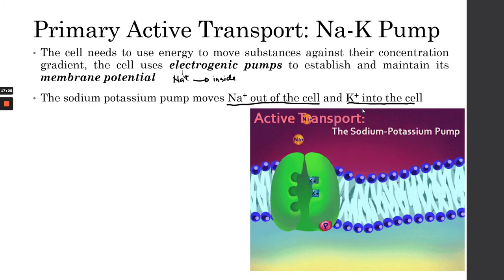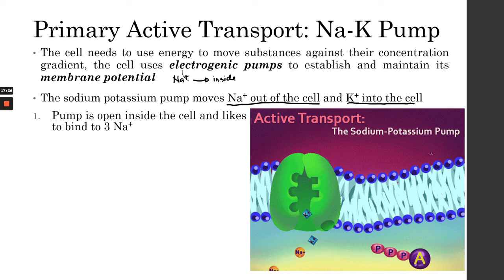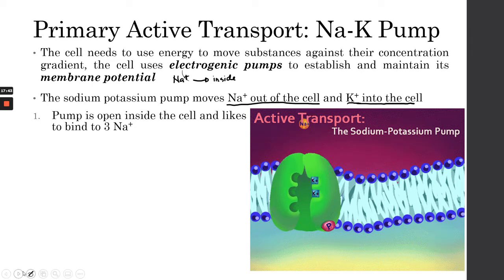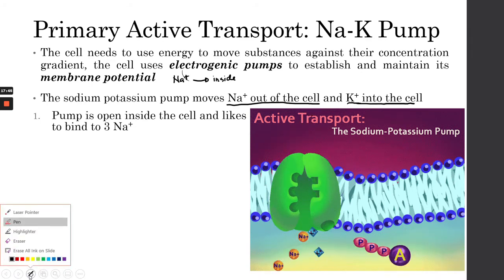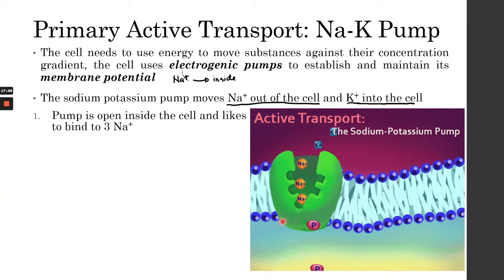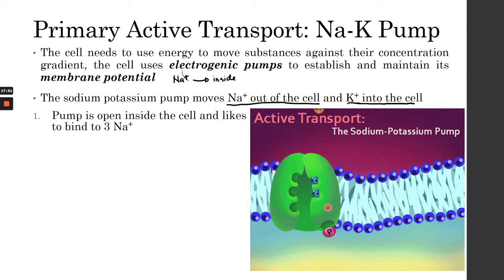So how does it do that? Via a carrier protein. This is a type of carrier protein, this pump right here, called the sodium potassium pump. So the process starts with the pump. Yung unang position ng pump is that it is facing open inside the cell. So mapapansin nyo, yung natural orientation niya or natural shape niya is nakabukas siya sa loob ng cell.